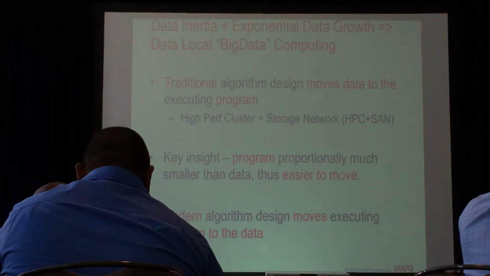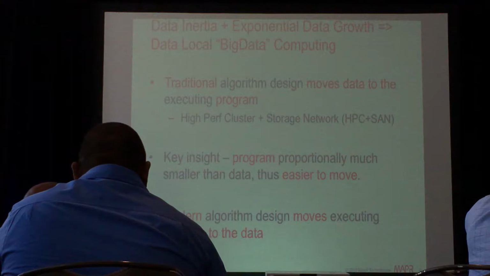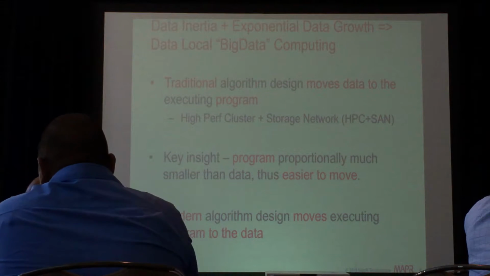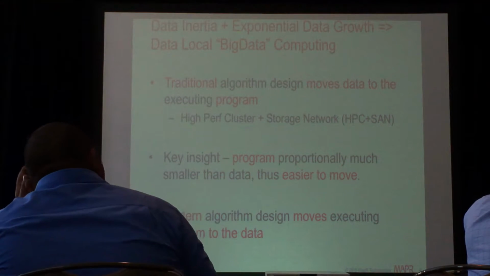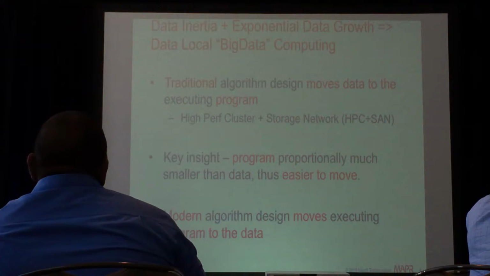This is very much in alignment with the traditional way of distributing computing jobs on a high-performance computing cluster, or an HPC, as I'll sometimes call it, where you have an HPC cluster on one side, a SAN on another side, and a high-speed interconnect between them. You read data in from the SAN into the computing cluster, do your work, and then write the data back out. And so that connection between the two becomes critical, because you can only move as quickly as you can move data between the two.